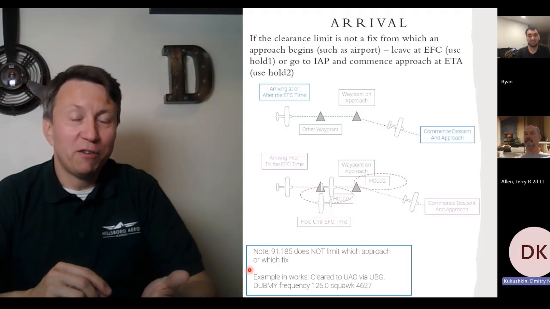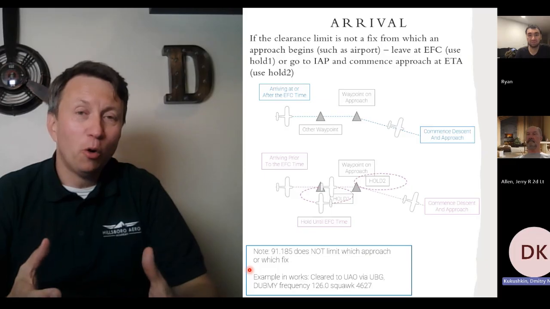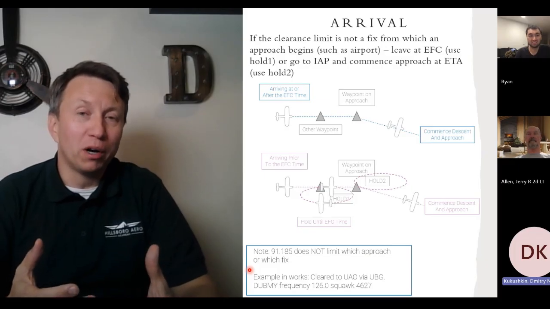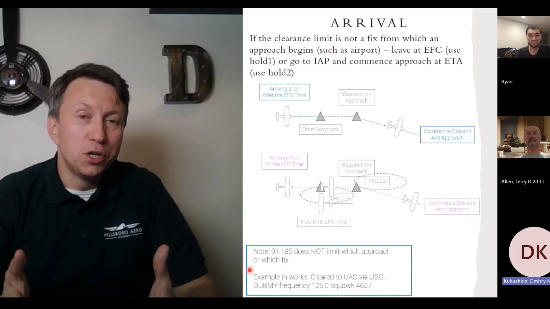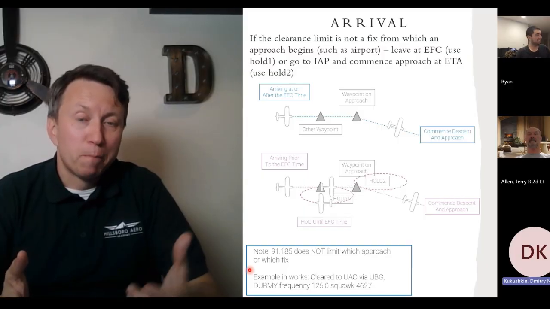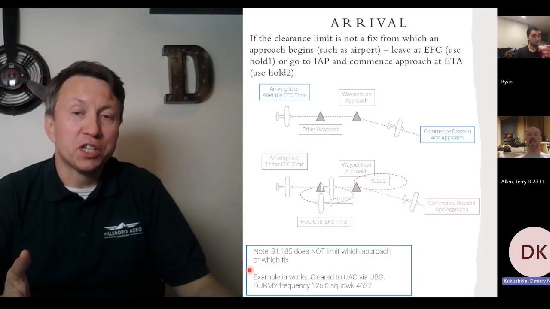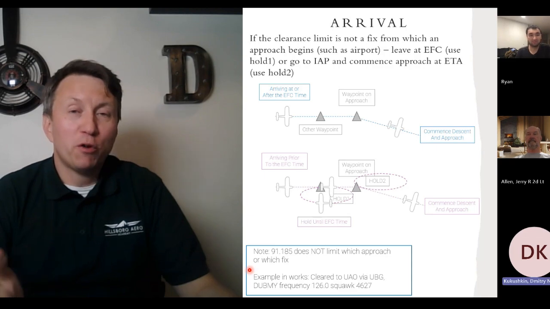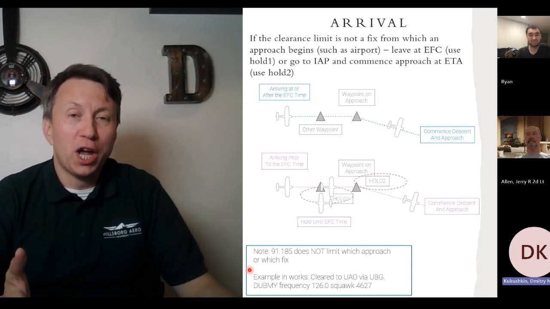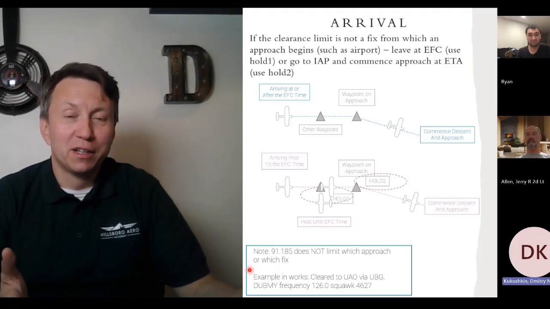You have to decide, first of all, how you hold there, what kind of holding pattern is even safe over an airport. Second is how you get from that airport to an initial approach fix.